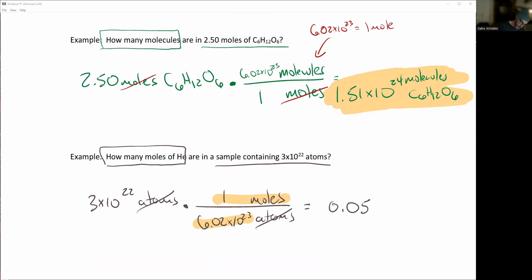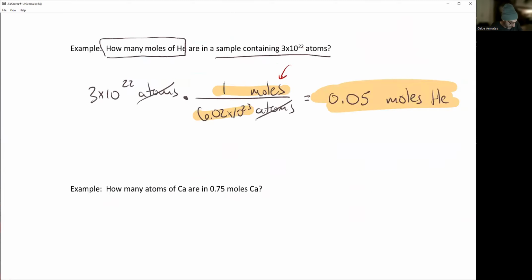Atoms cancels, and we're left with moles of He. Okay, and there we go. Again, this is equal to 1, because it's 1 mole over 6.02 times 10 to the 23rd. So again, that's flipped. Okay, so we should be able to convert back and forth between moles and individual units. Atoms, molecules, ions, none of that matters.